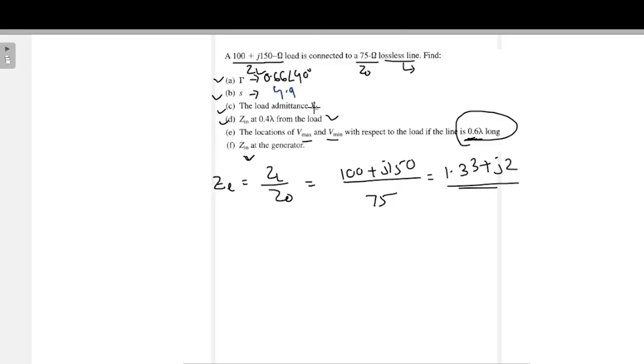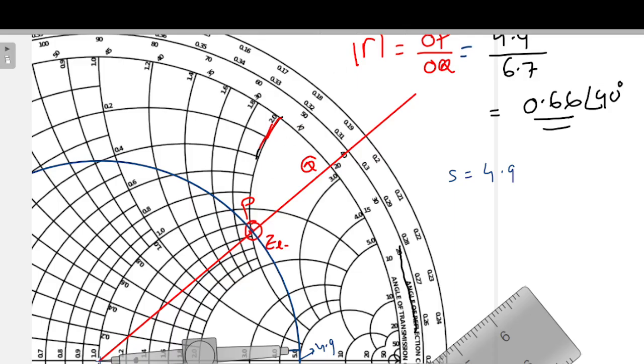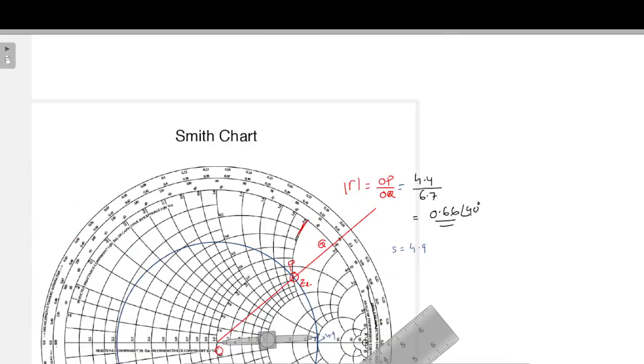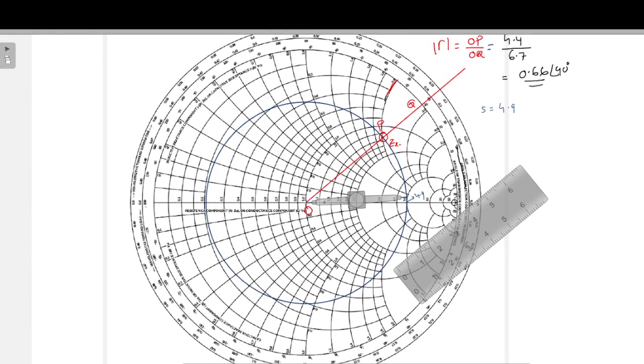Next question is to find the load admittance. It is very easy in the Smith Chart. You just have to draw one more line. Extend this line exactly in the opposite direction.